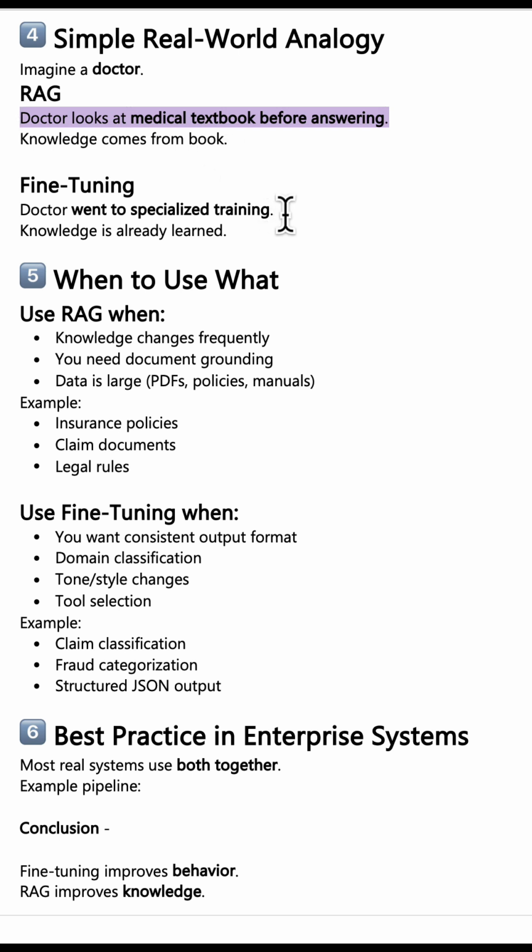At the same time, if the doctor has gone to some training, and with the knowledge of that training provides you the answer, that's called fine-tuning. So remember, in RAG no training of the LLM is needed. You just plug your external data set into the LLM model. In fine-tuning, the model has to be retrained.